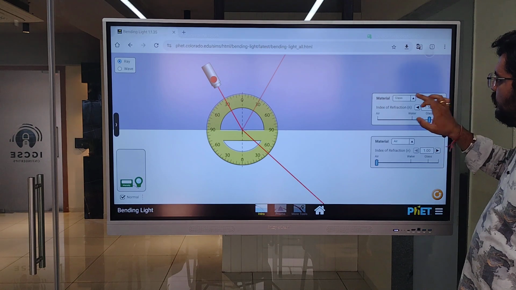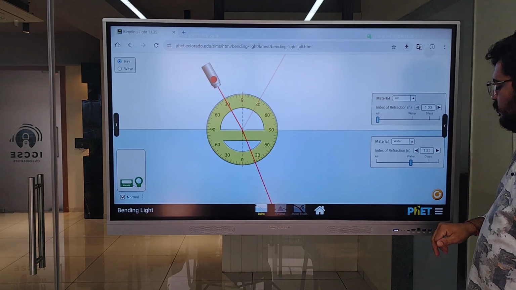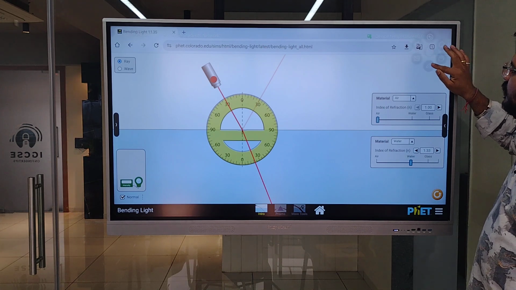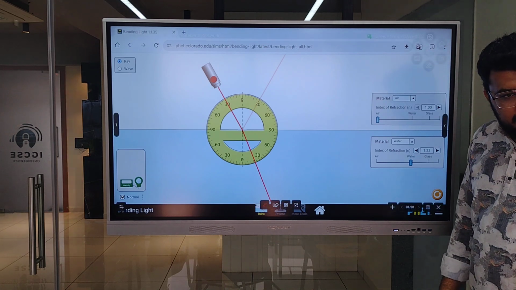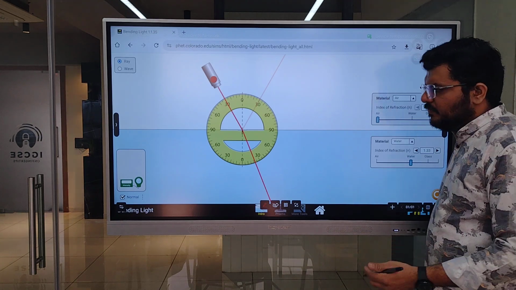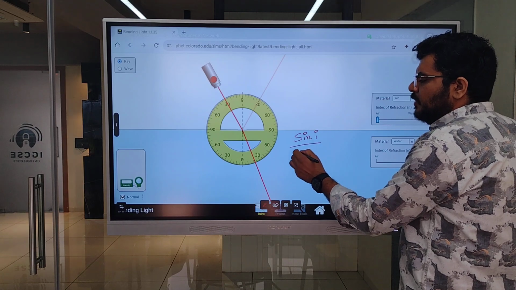Just before I do that, let me again go with air and let's say this is water. Okay, law of reflection, we also have law of refraction, right? The name of this law is Snell's law, but again we are not supposed to remember a lot of names. You just have to remember the logic.